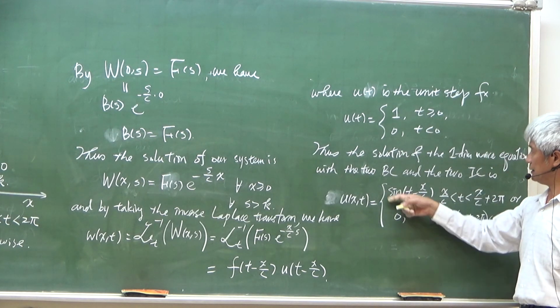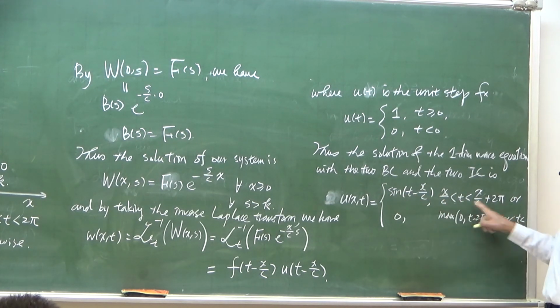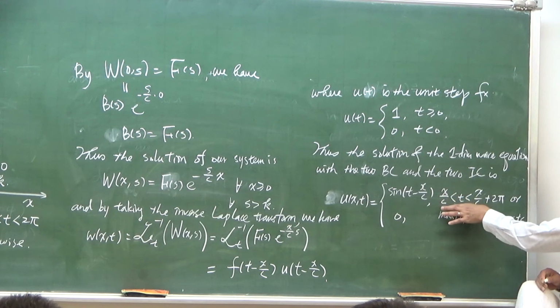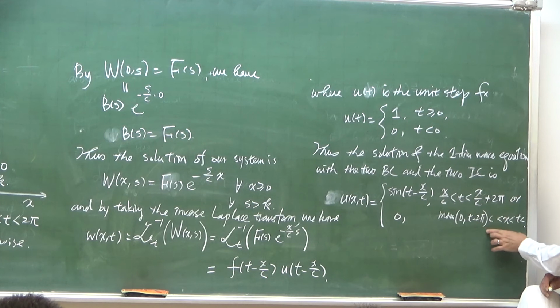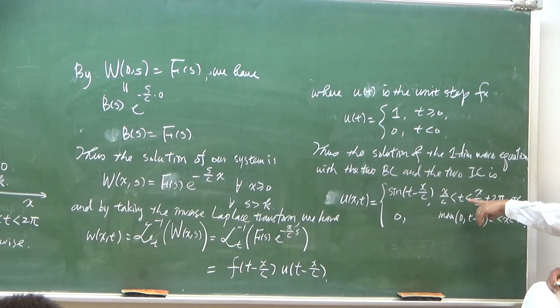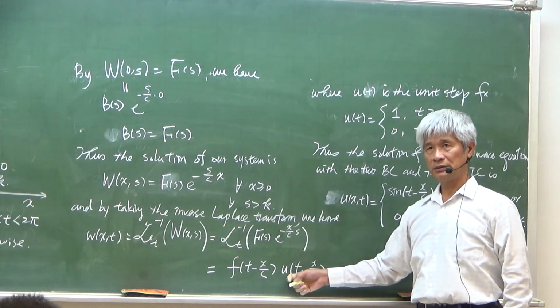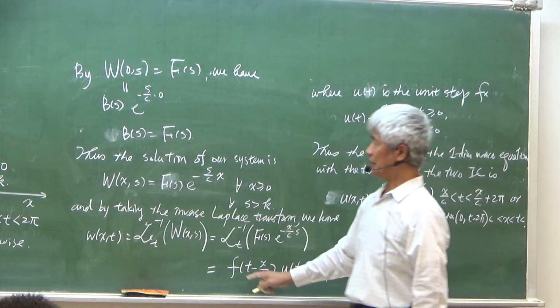So you can find a non-zero displacement only when t is in between here, or x is in between here, because the wave is traveling. So you have these two, right? Because of the unit step function here.